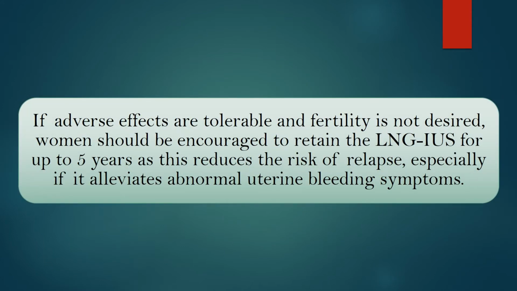If adverse effects are tolerable and fertility is not desired, women should be encouraged to retain the LNG-IUS for up to 5 years, as this reduces the risk of relapse, especially if it alleviates abnormal uterine bleeding symptoms.